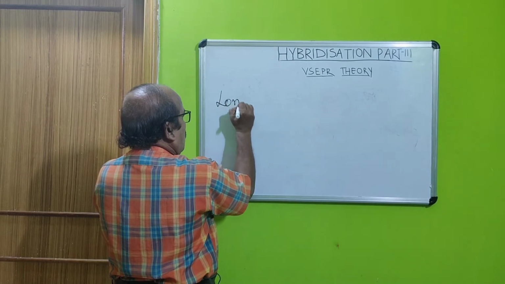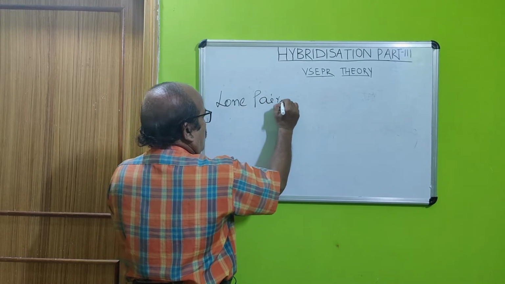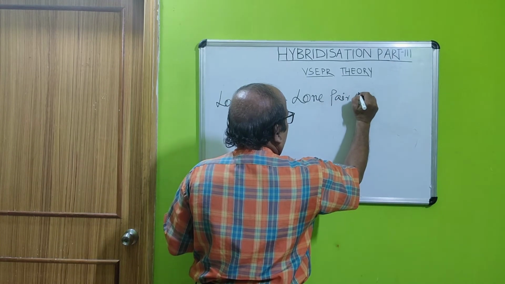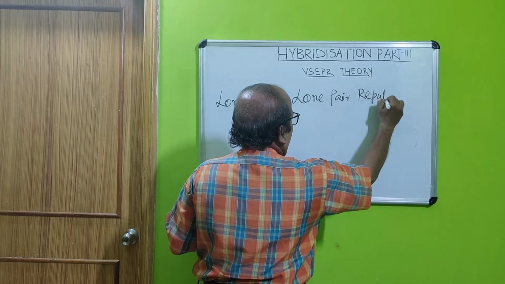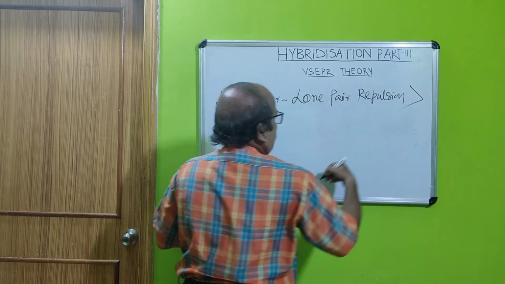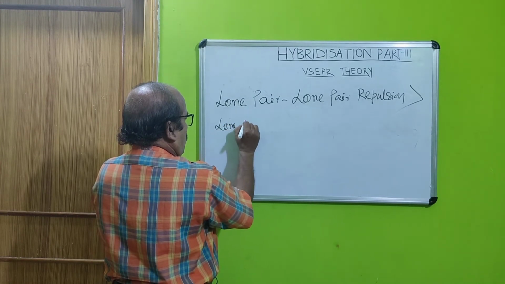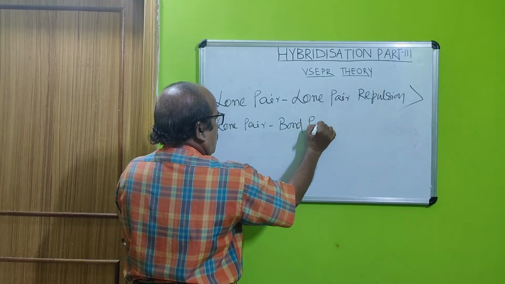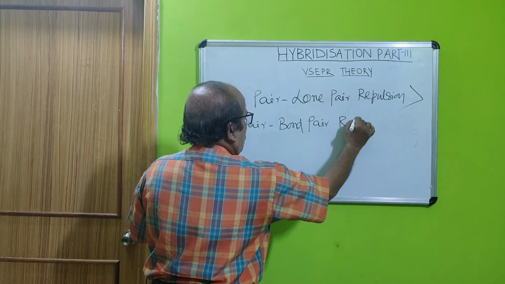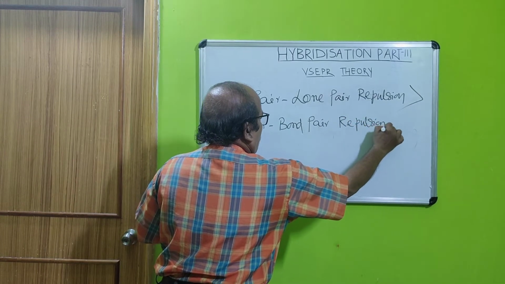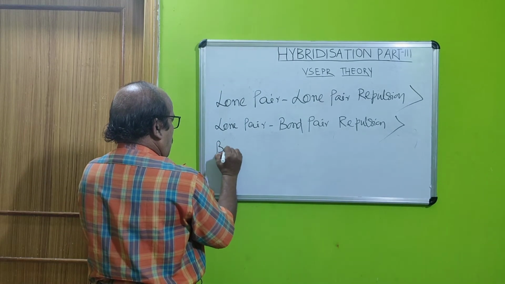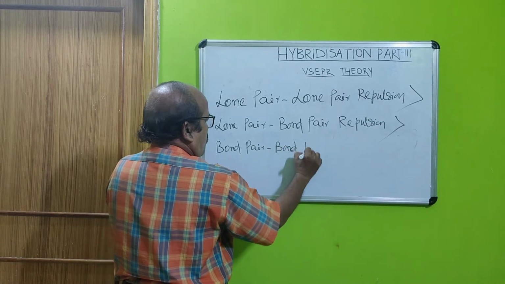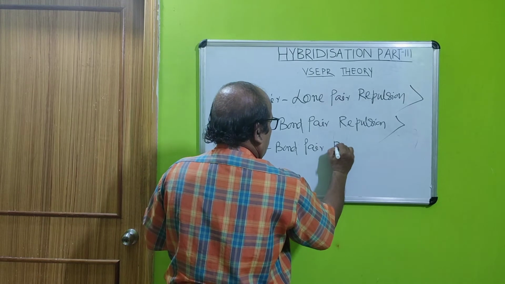lone pair lone pair repulsion is greater than lone pair bond pair repulsion is greater than bond pair bond pair repulsion.